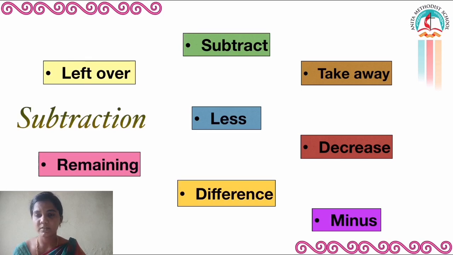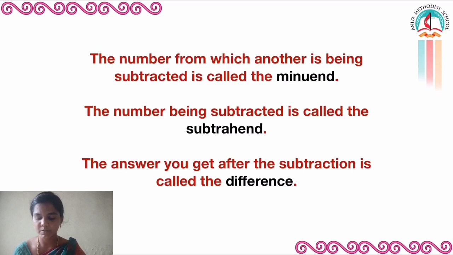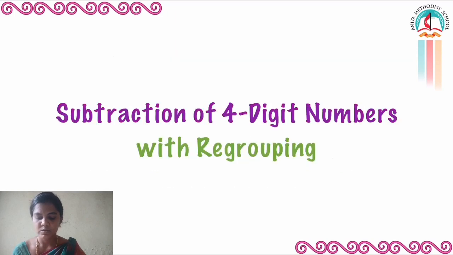This is also something we already learned about: the minuend, subtrahend and difference. The minuend represents the greater number, the subtrahend is the smaller number, and the difference is the answer of the subtraction. Okay, so here we are going to learn subtraction of 4-digit numbers with regrouping.